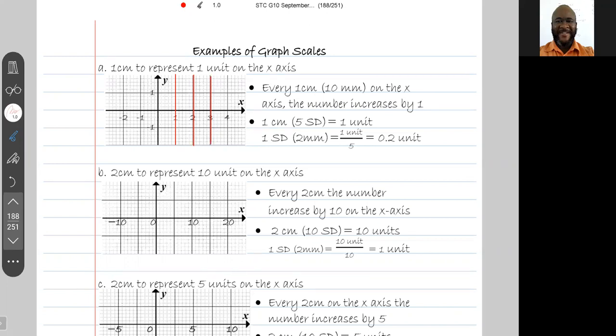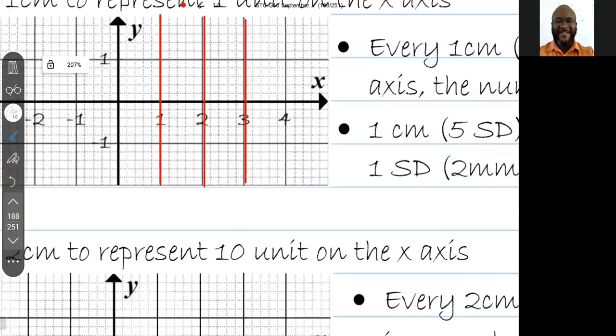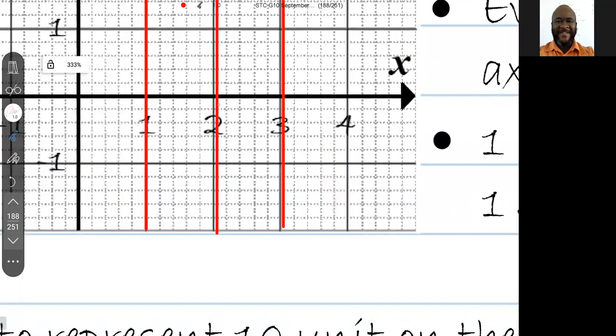Now, one of the things, once you have your graph scale and your scales have been labeled, it is important that you know your minor divisions. All right. So, for example, let me just move this line a little. This is where it should be.